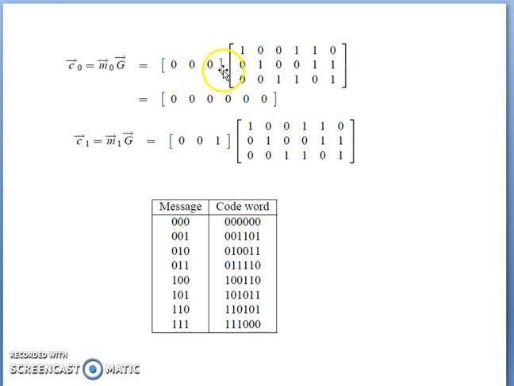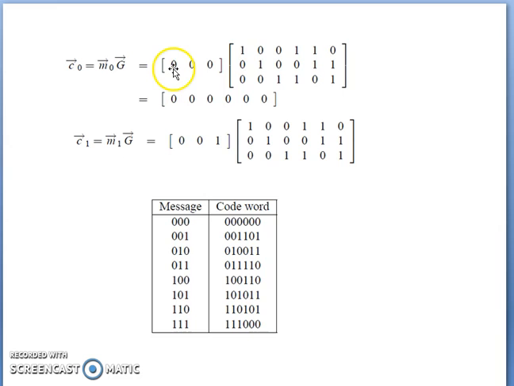So how do you multiply this? If you take the first bit of the message, that is 0, it is multiplied by 1. It is simply multiplication of rows and columns: first row with first column, then second column, third column, and so on.